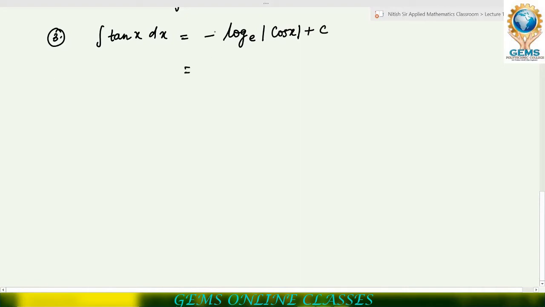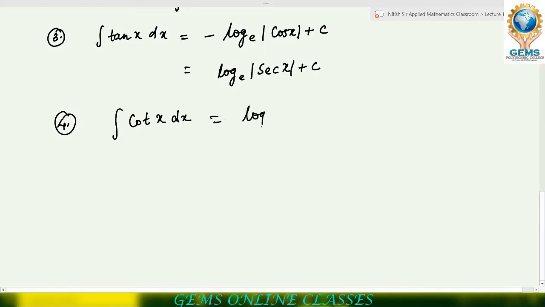Or here if I eliminate the minus sign, then it will become log e sec x plus c. OK. Fourth is integration of cot x dx equal to log e sin x plus c.